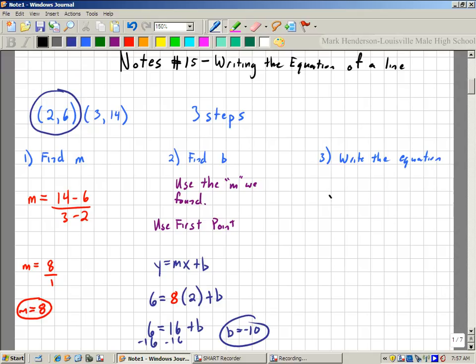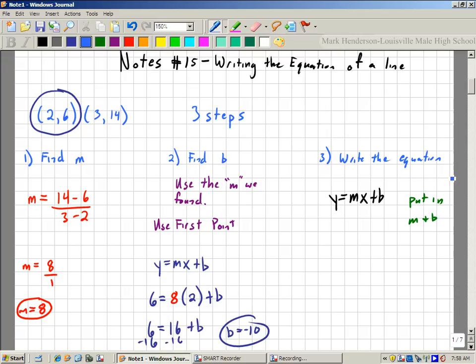So then we, again, start with y equals mx plus b. And again, we only put in m and b. There were still a few people on the quiz from last week that put in more than just m and b.